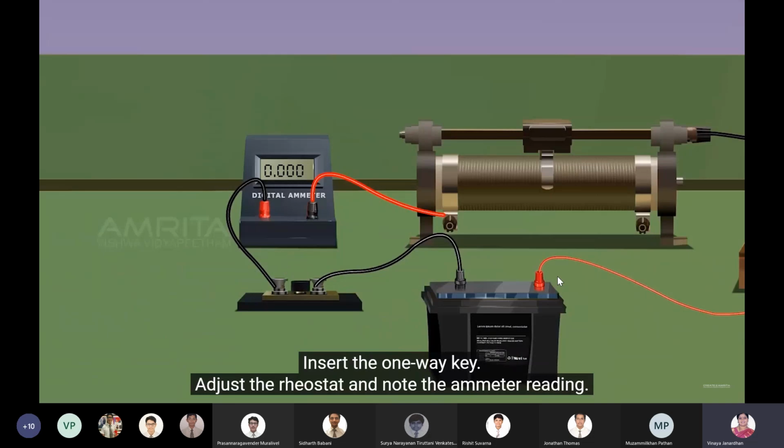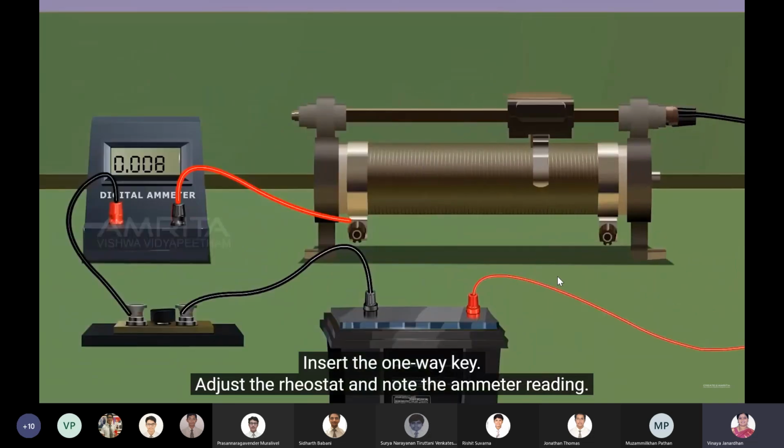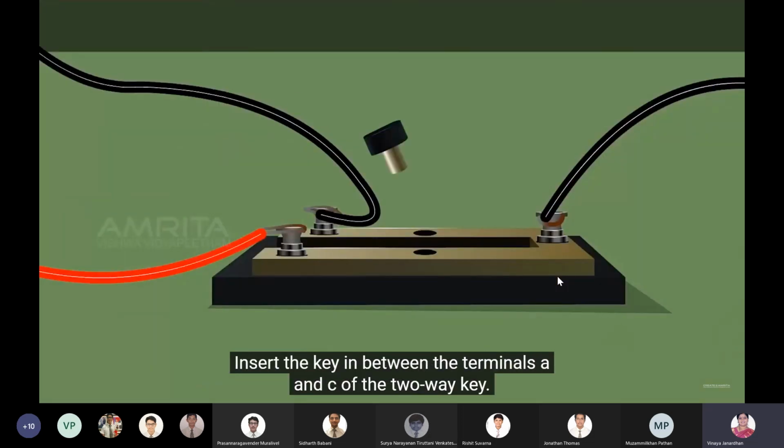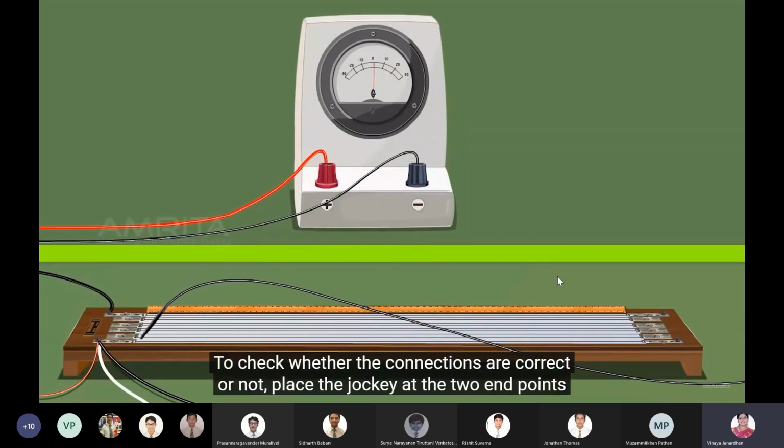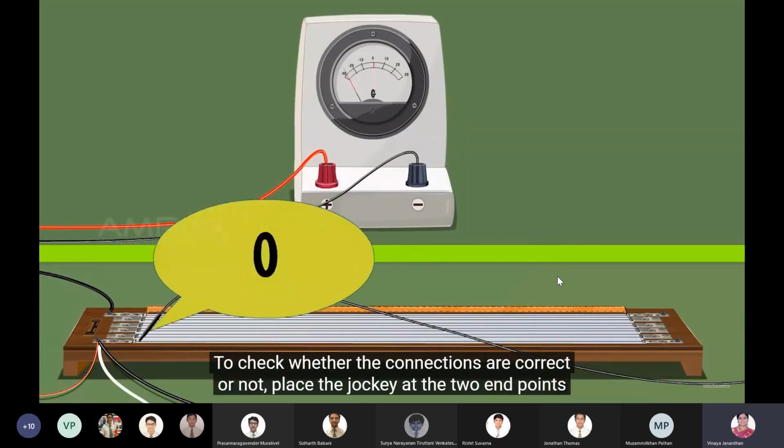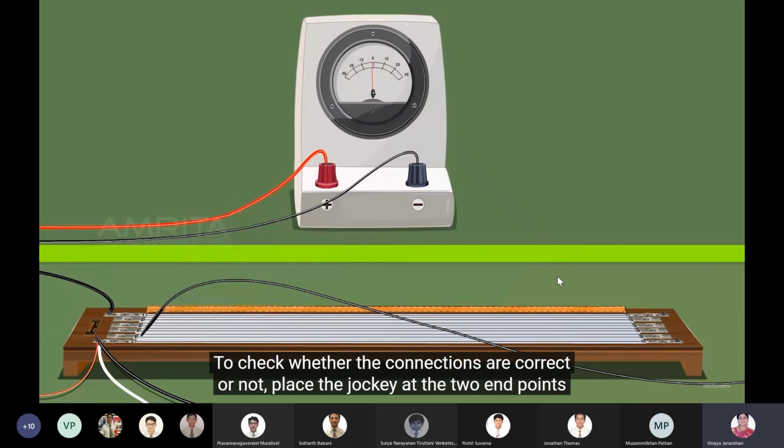Insert the one-way key. Adjust the rheostat and note the ammeter reading. Insert the key in between the terminals A and C of the two-way key. To check whether the connections are correct or not, place the jockey at the two end points of the wire.